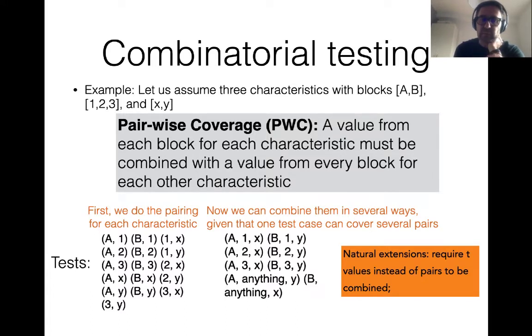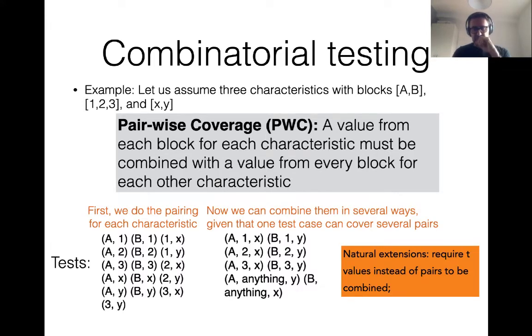That gives you A1, A2, A3, and then you vary to B for the first one, and you get B1, B2, B3. And you do the same to ensure all pairs are covered. Then you have a list of all the pairs, and now you can combine them. So now you're only going to select fewer test cases to ensure that all the pairs will show up in the test cases you actually select.